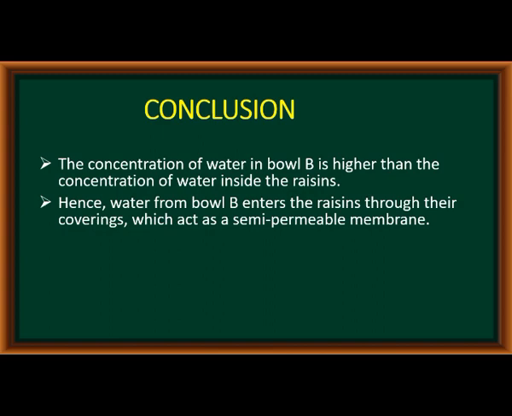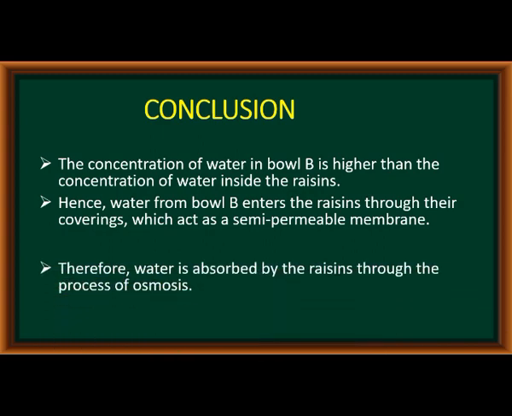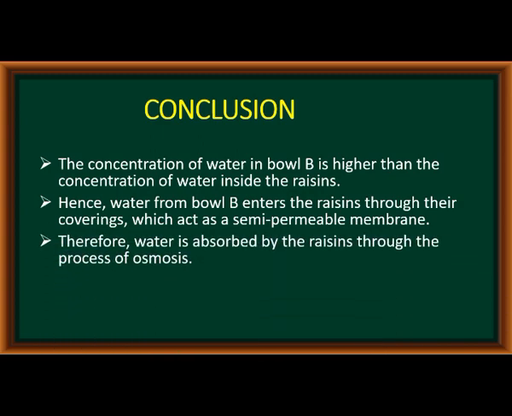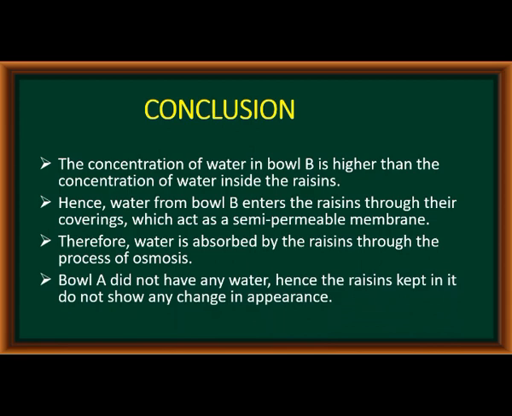Hence, the water from bowl B enters the raisins through their coverings, which act as a semi-permeable membrane. Therefore, the water is absorbed by the raisins through the process of osmosis. The bowl A did not have any water. Hence, the raisins kept in it do not show any change in appearance.